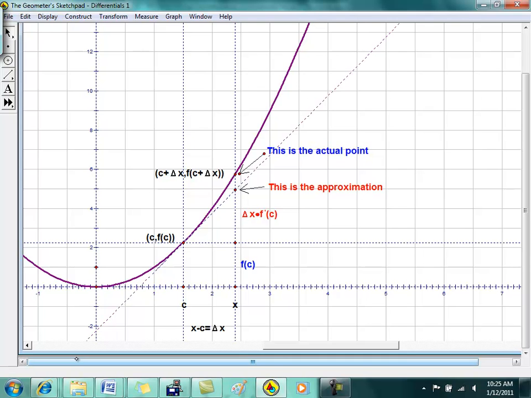To find an approximation. To find an estimation. Sorry? On our graphing calculator, I don't understand how we can zoom in and out to see that. How you can zoom in? Oh, you can. Yeah, you should be able to. Well, no, this is on a different application. This is not a graphing calculator. That's how you check it. So you just keep zooming in until where you think it is.